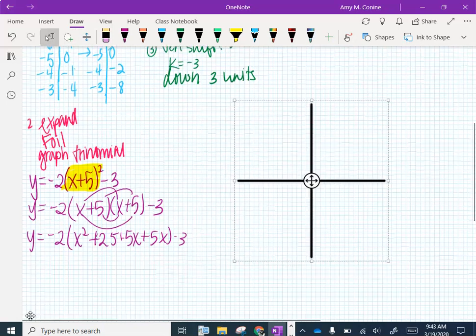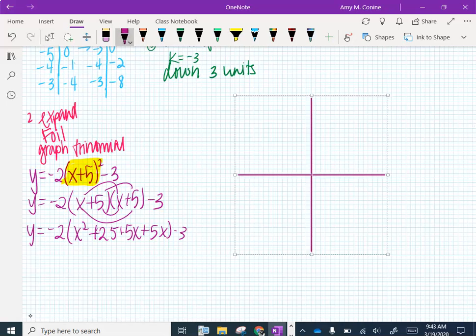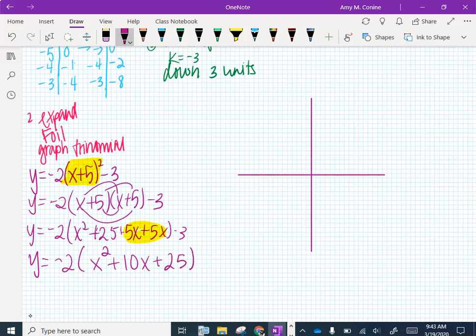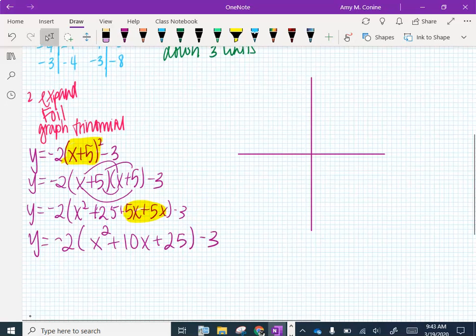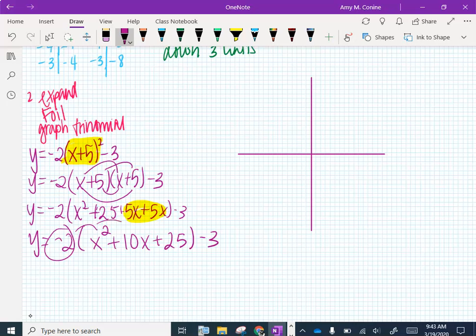Okay. So now I need to collect like terms. So I've got negative 2 on the outside. I've got these 2 like terms that can go together. The 5x's. So x squared. I'm going to put it in my descending order like I learned how to do. And now I can take my negative 2 and I can distribute it in.